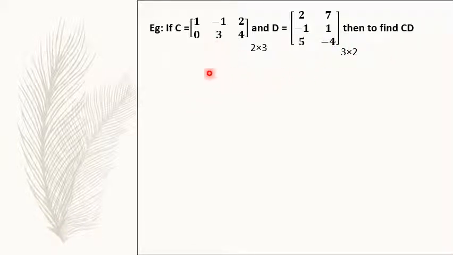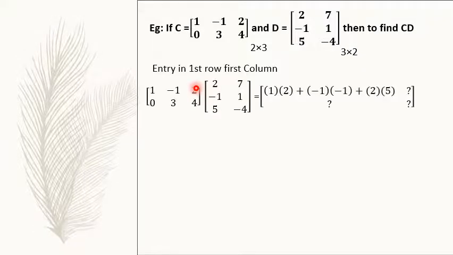The order is very important. C is 2 by 3, D is 3 by 2. Then the product matrix CD has order 2 by 2.